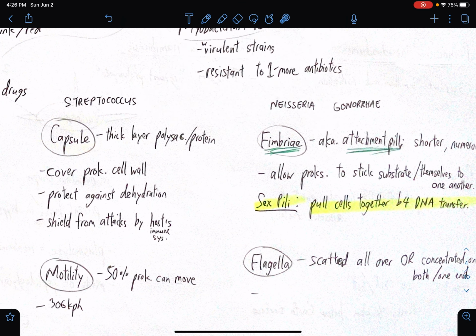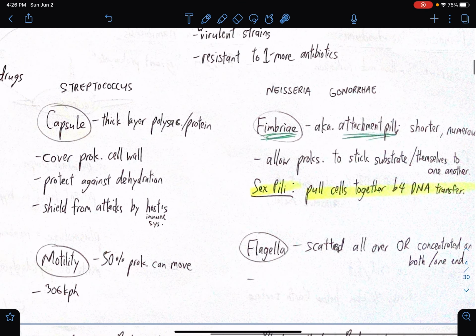Okay. Motility. This isn't exactly a part of a bacterium, but what motility basically means is the ability to move, similar to the adjective motile, the capability to move.